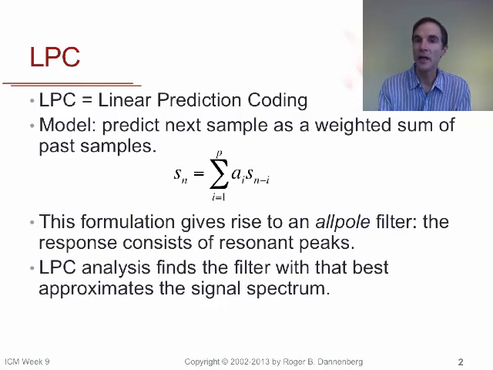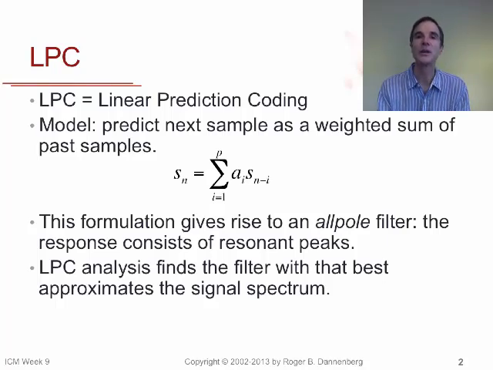So in other words, a weighted sum of samples is a filter, and the response of this filter consists of resonant peaks. So where have we seen resonances before? Well, remember vocal formants and that graph that I showed of two formants determining what vowel sound we're hearing?